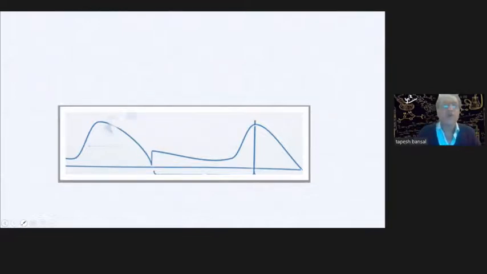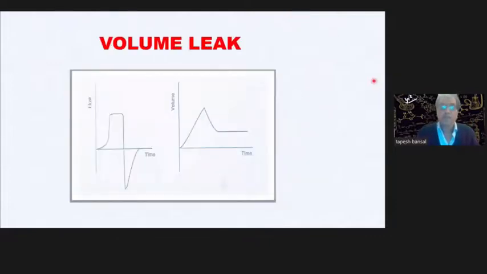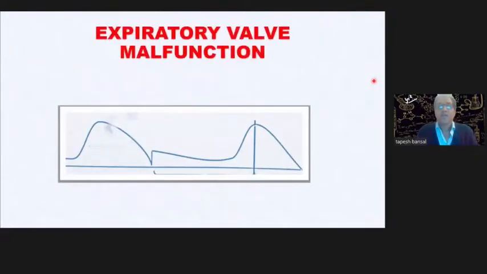Sometimes these things also happen, and this is actually expiratory valve malfunction.